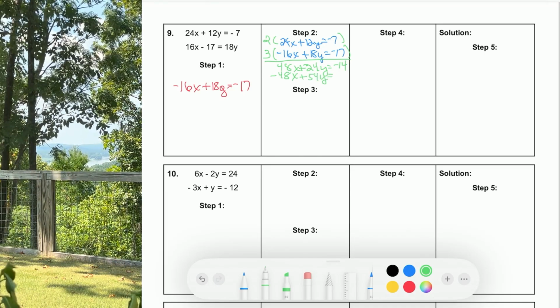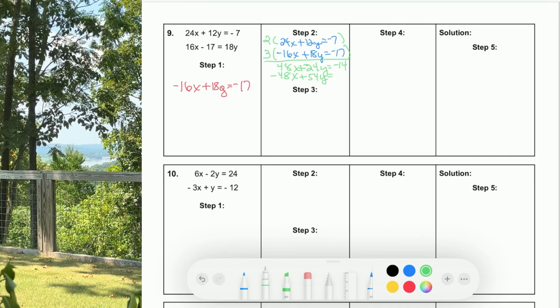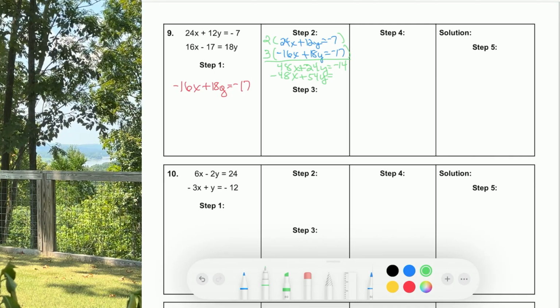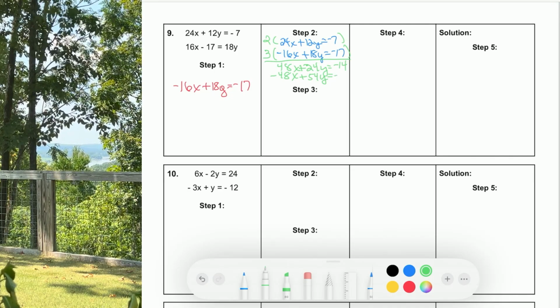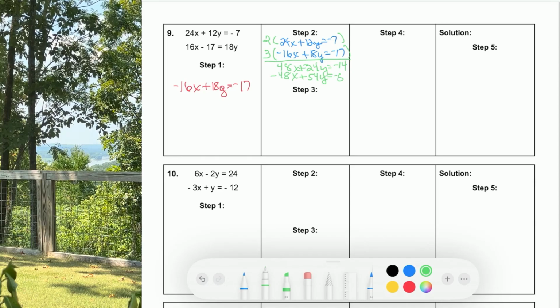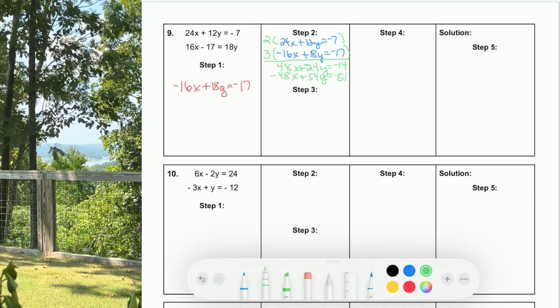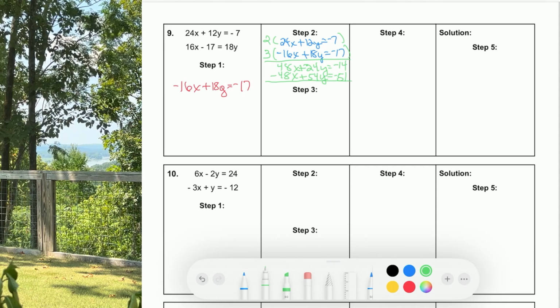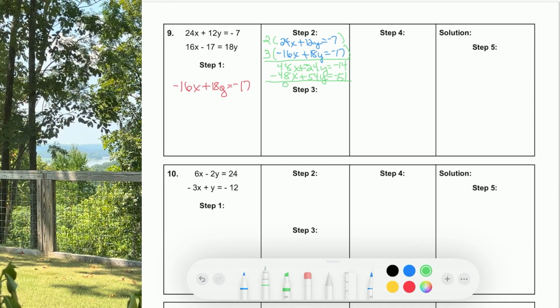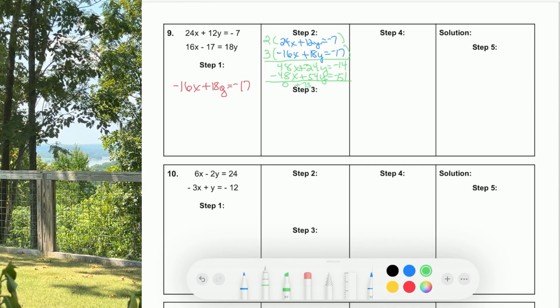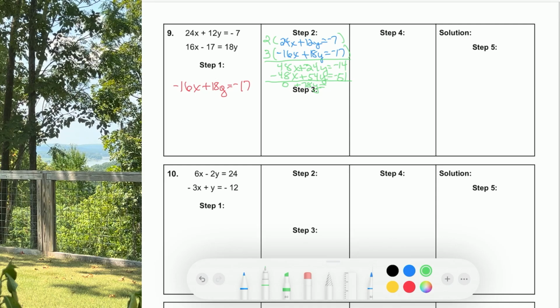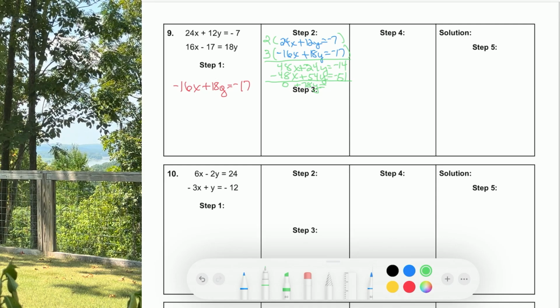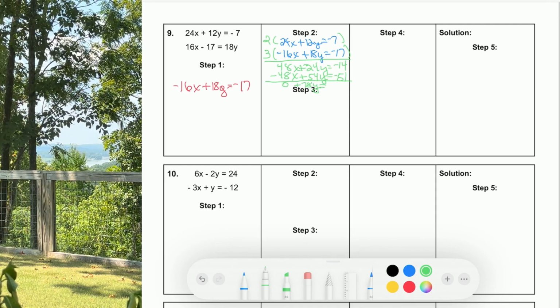And then 3 times our negative 17 is going to be a negative 51. So that's going to give us 0 plus 78y equals, let's see here, that's going to be a negative 65, I believe.